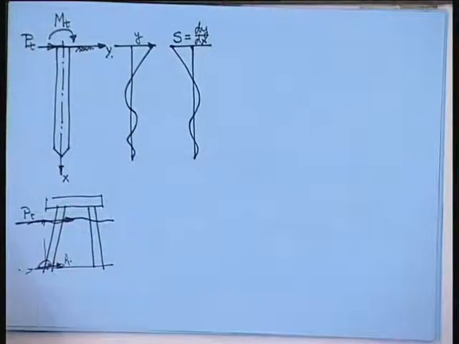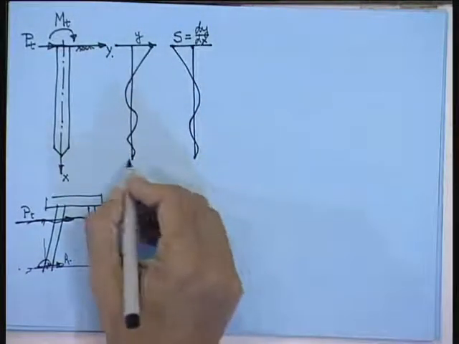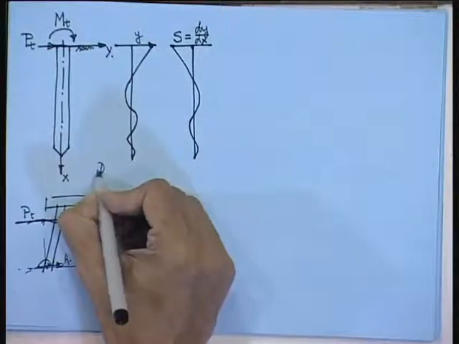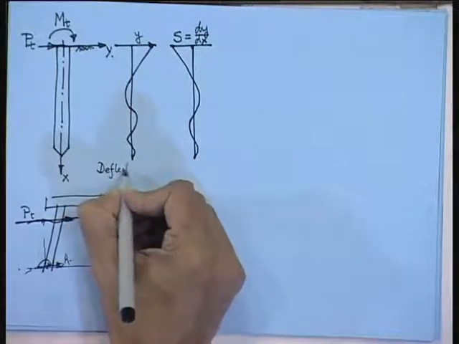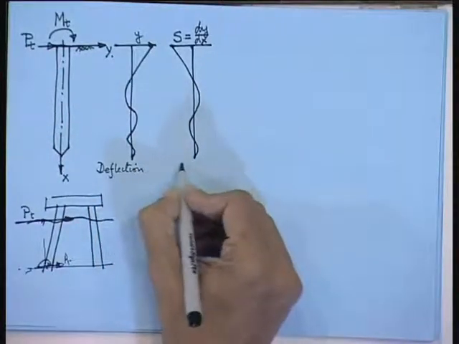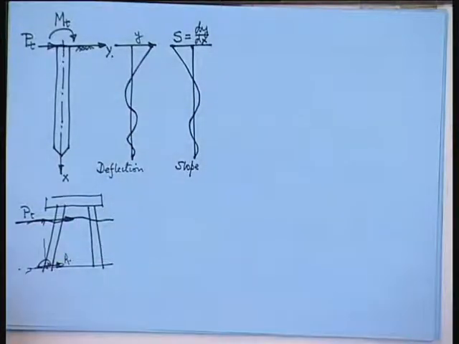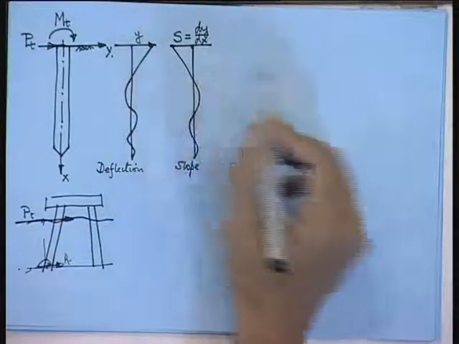So that is how you get an equivalent force and moment. So you calculate Y from this, this is the deflection, this is the slope. So you integrate the slope curve, you get your deflection.